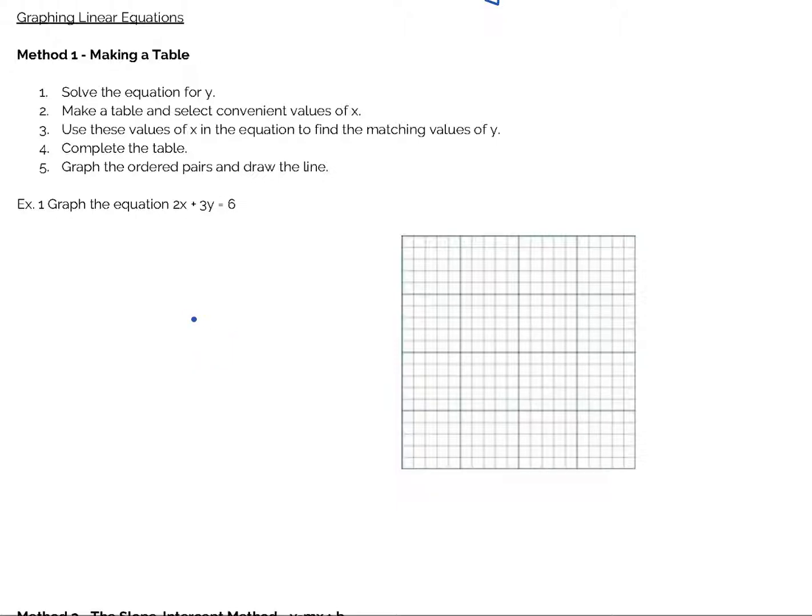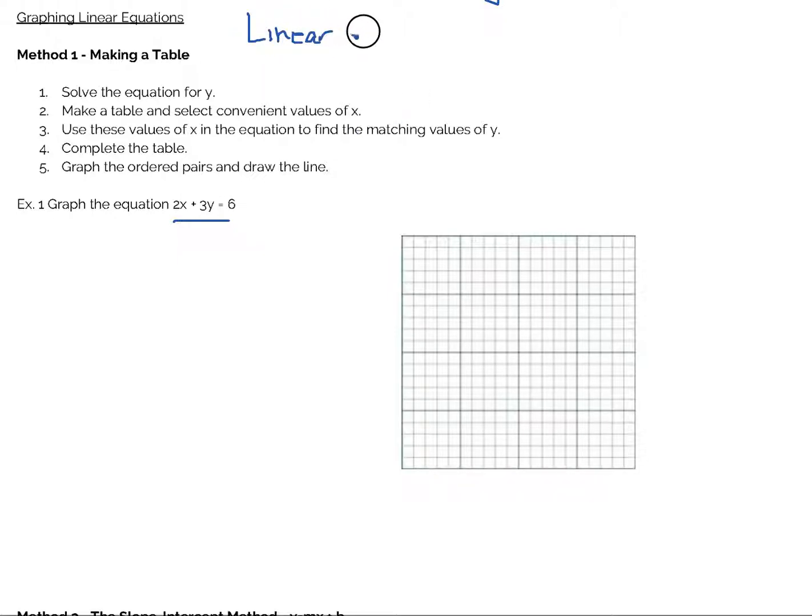So what we're going to graph today are called linear equations, and that means that they have a degree of 1. And when they have a degree of 1, our equations, if you look at it right here, the highest degree is a 1. So it'd be x to the 1, y to the 1. So that's called a linear equation in degree 1. So I'm going to write that down. You should write this down.